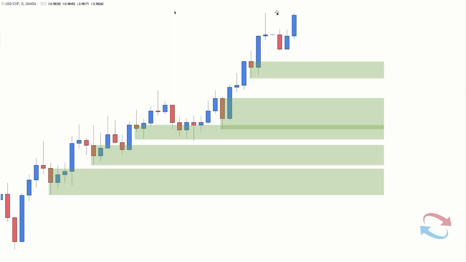And then we get this situation where we have a high, we get the swing, but we don't get a brand new high, right? So it's not clear that this is a brand new high. So we can't put a demand zone. The demand zone shouldn't be put here until we get a new high.